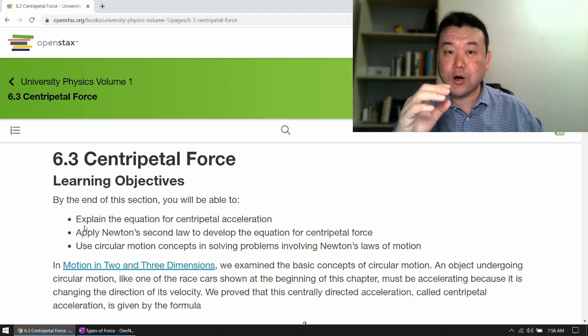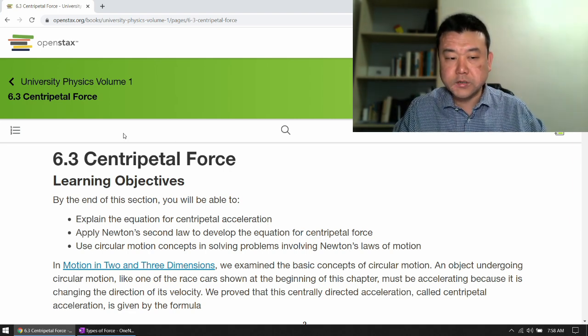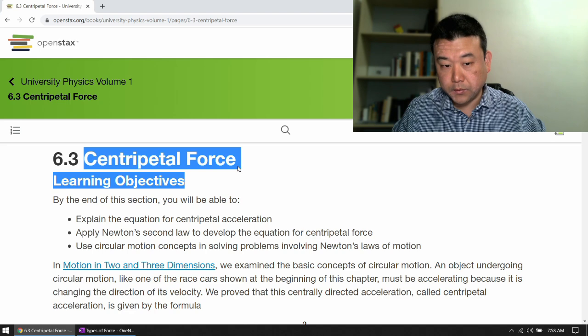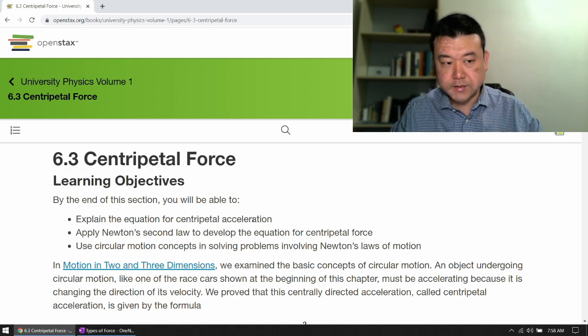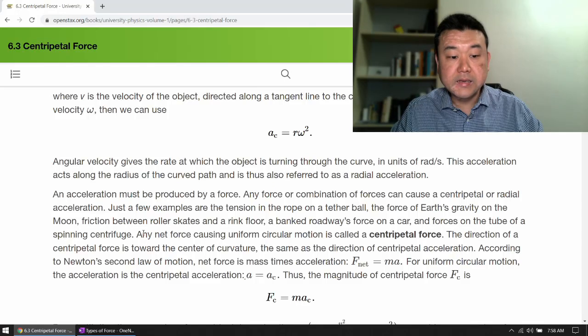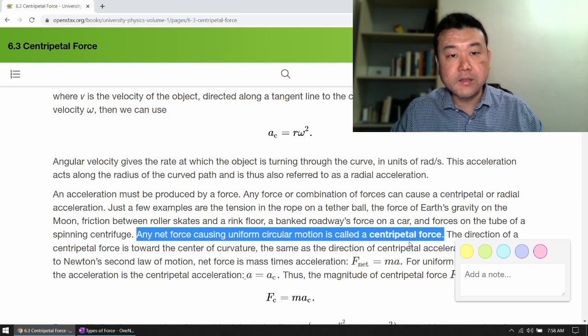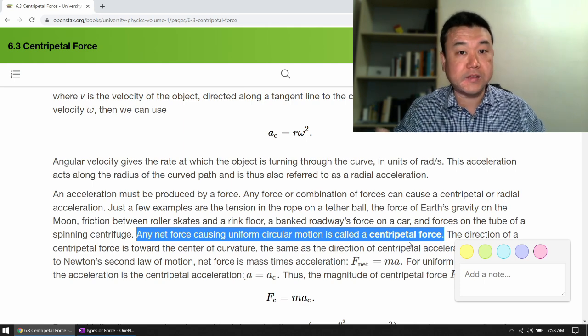What I want to caution you in addition to that is that centripetal force is not a separate type of force. If you read through the section carefully, you will note that it says any net force causing uniform circular motion is called a centripetal force. So a centripetal force is a type of net force.